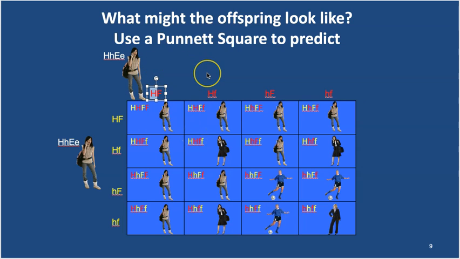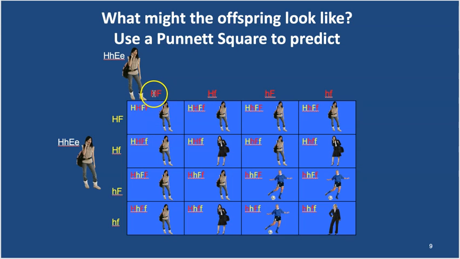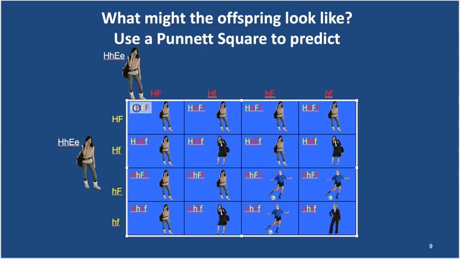So here up on top, let's say we've got the paternal, and on the left, you've got the maternal gametes. So sperm on top, eggs on the side. All right. So now that you've done that, you basically just do the crosses. So we have a capital H in this sperm and a capital F. So those are going to get added to the offspring.